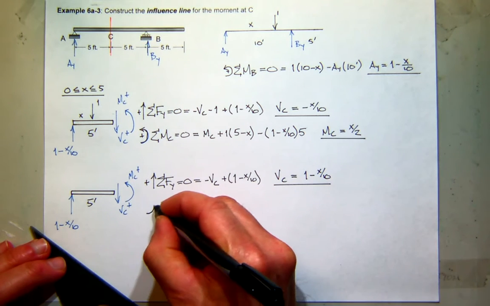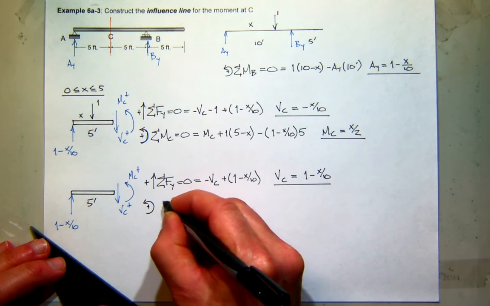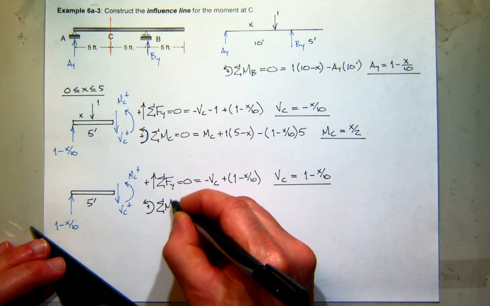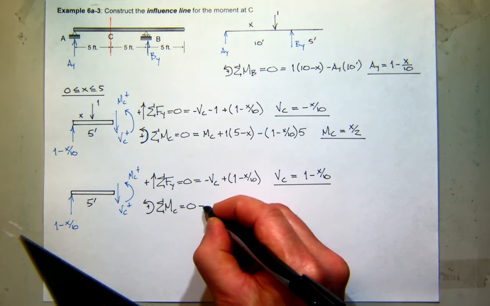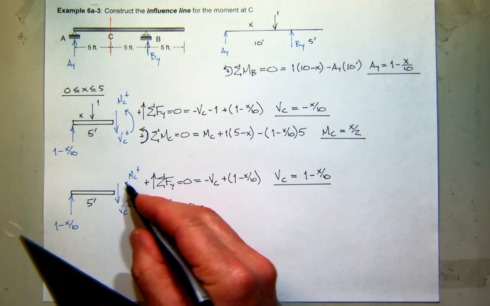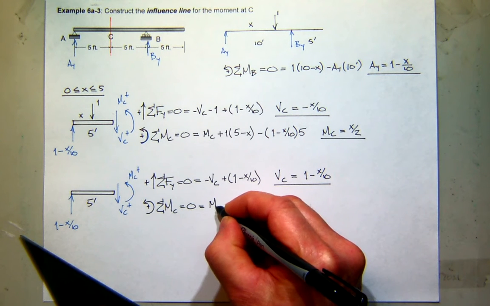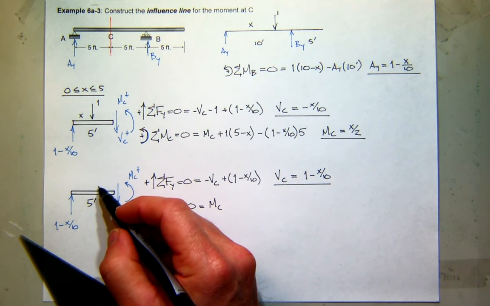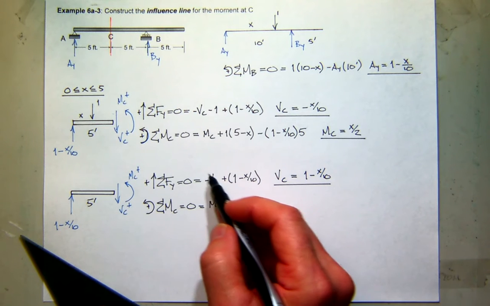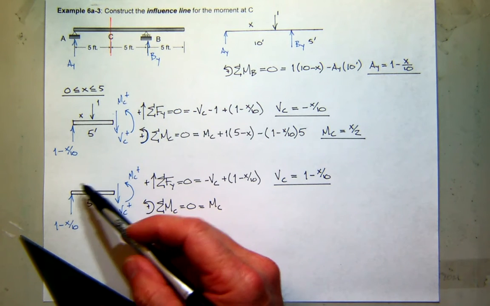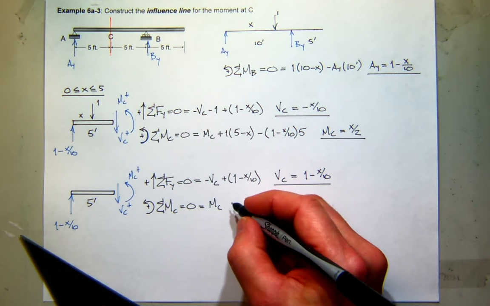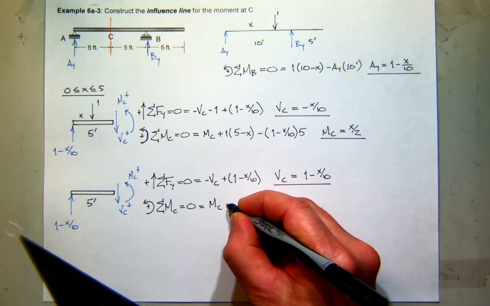And then we'll do the moment. Just like before, we'll sum moments at point C. Make sure it's in equilibrium. So with right-hand rule, the internal moment is positive. There is no unit load because Van Tilburg has left the building. So we just have to worry about the reaction, which is going to create negative moment.